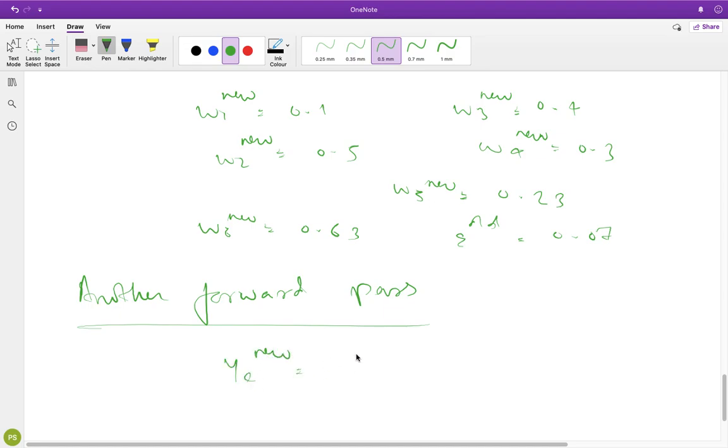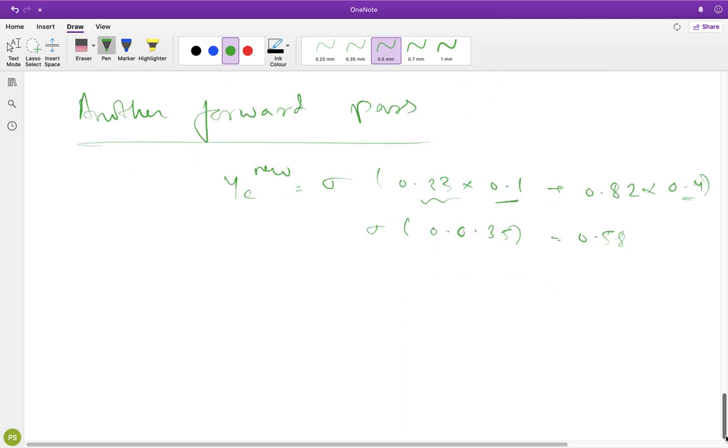YC new is sigma of 0.23 times the applied new computed weight into x2, that is the input of the B neuron, times 0.4, that is new W3, applied to sigma, that is 0.35, this being 0.58.